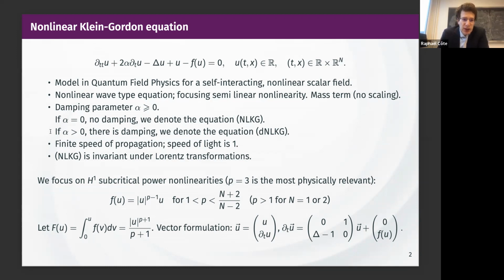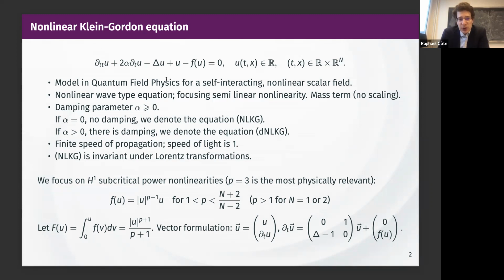I will mostly talk about the damping case because it's where my talk is focused, but I will mention a few results in the undamped case. As it is a wave equation, you still have finite speed of propagation, which I will not really use here.